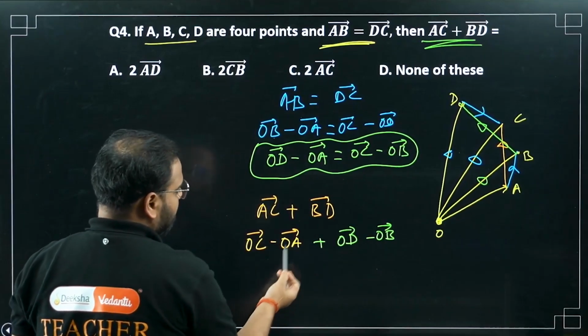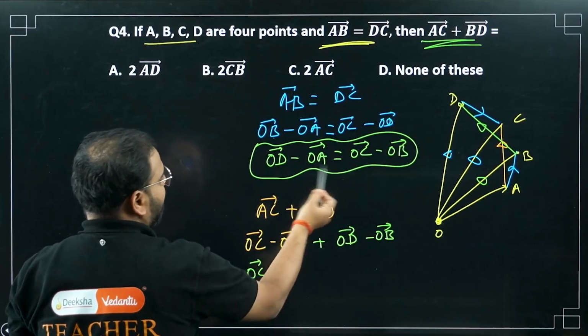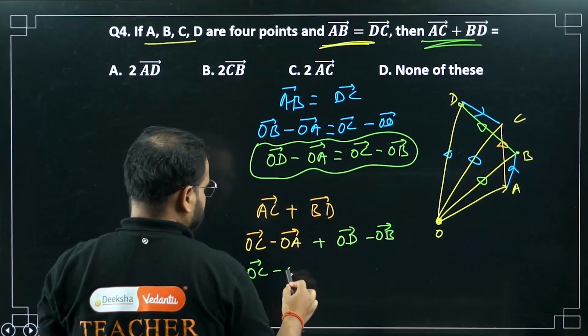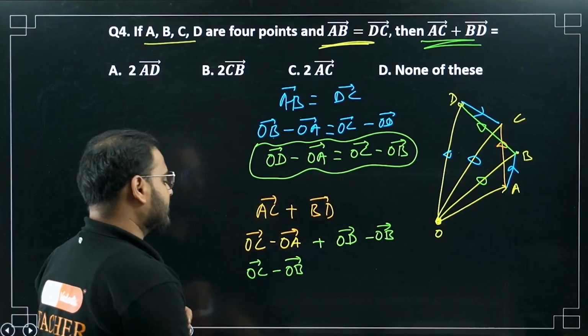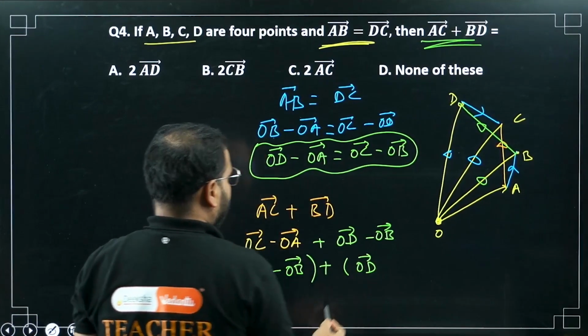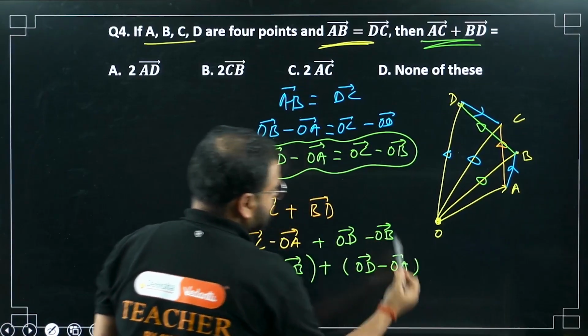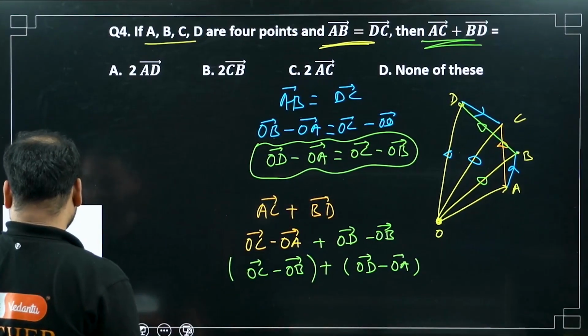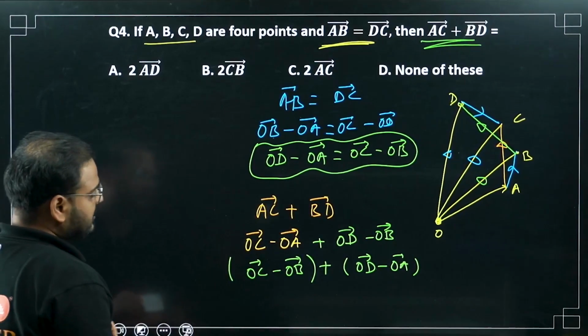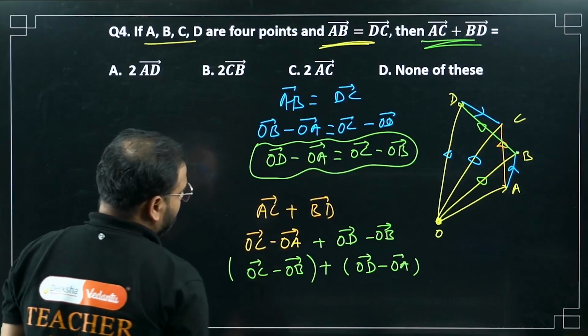Now bring OB here and OA on this side. Club them together. So I write OC with OB, because of the condition that I had. OC minus OB, I'll club them together, then plus OD minus OA. Let's conclude this. OC minus OB is how much? I can write it as OD minus OA again.